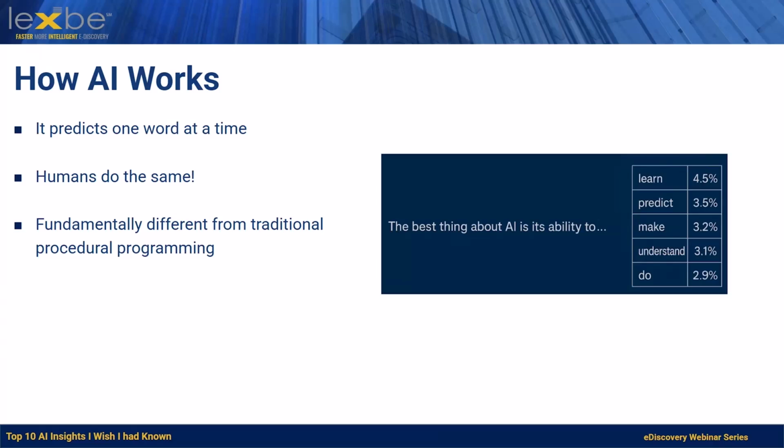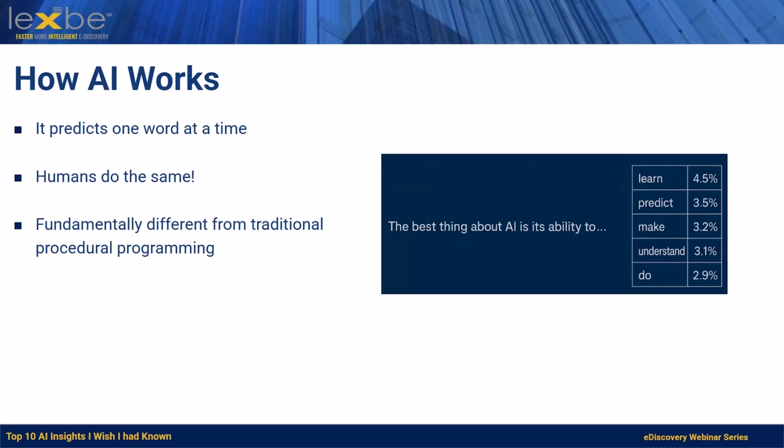And so it predicts that next word, then it puts that into the model, and then it gets the next word, and then it puts that whole segment into the model and gets the next word, and so on and so forth. And that's also why you see the output of the Gen AI being written out as if somebody's typing it out. It really is predicting it word by word. It's very interesting. I think humans do the same thing.